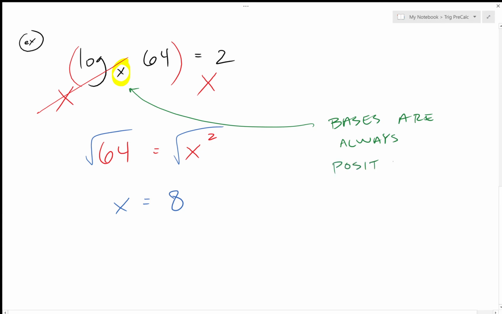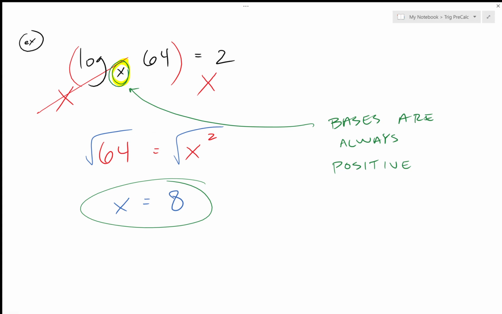So if you're solving for the base, you have to make sure the base is positive. If it's some other situation that we run into, we might need the plus or minus, but in this case, we were solving for the base, and bases can only be positive. So x equals 8 is my only answer on this one.